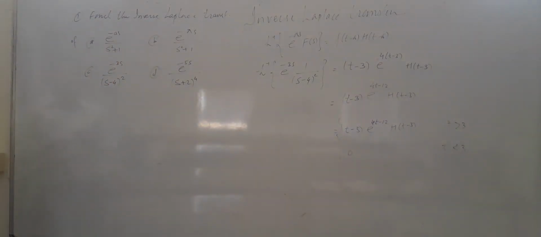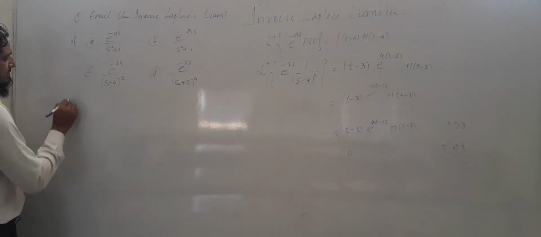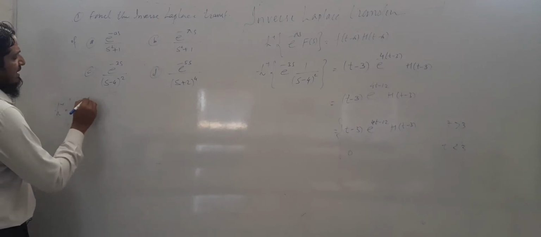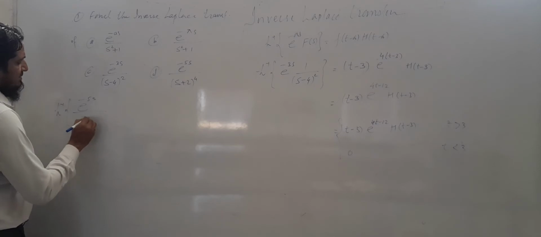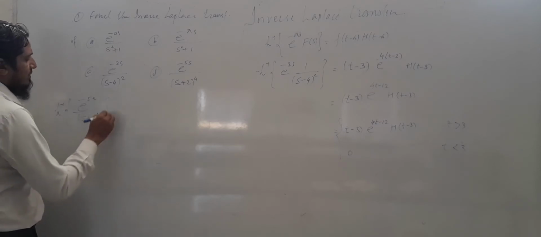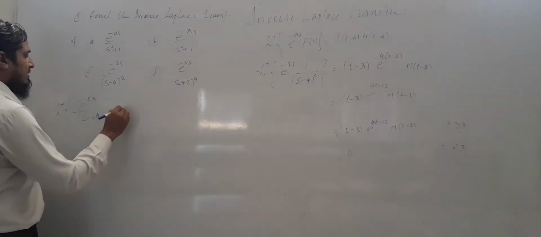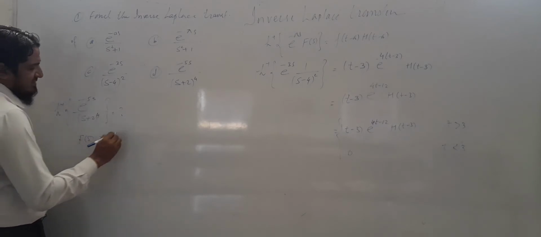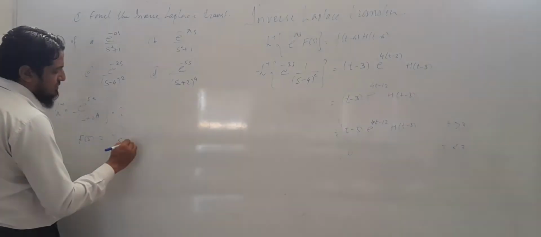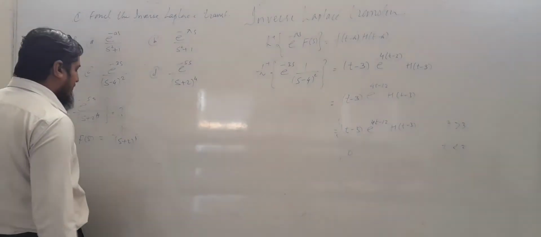That is the inverse Laplace transform of e raised to minus 5s upon s plus 2 raised to 4. Here, consider F of s is equal to 1 upon s plus 2 raised to 4.